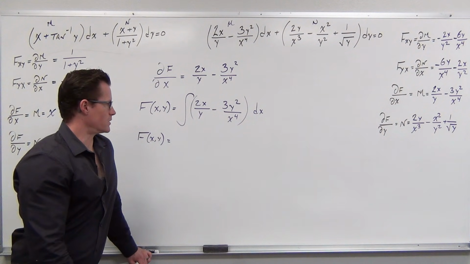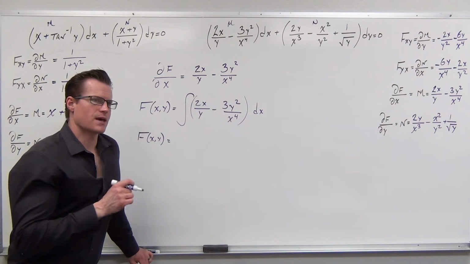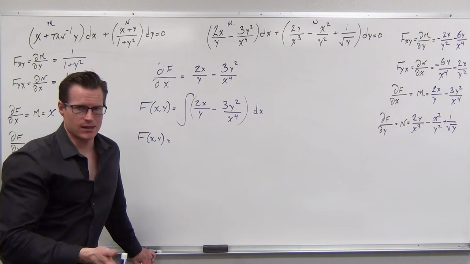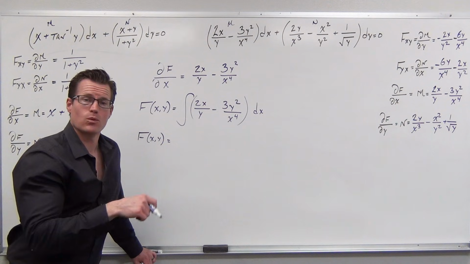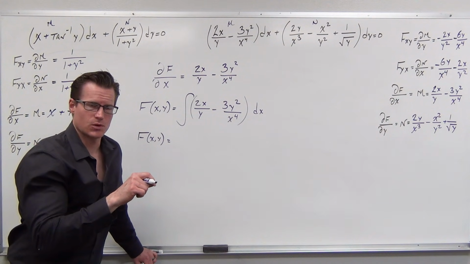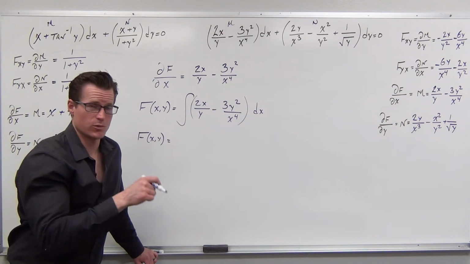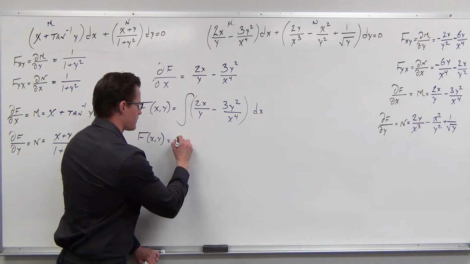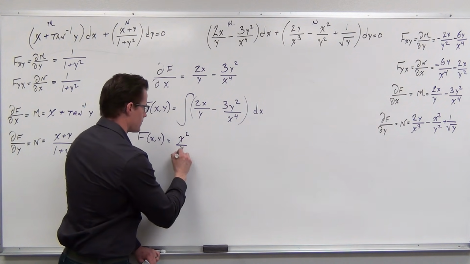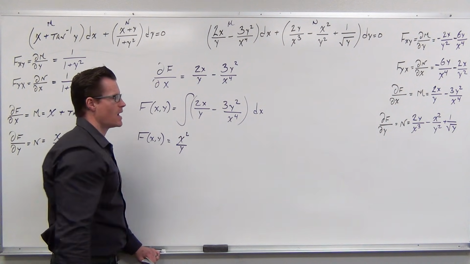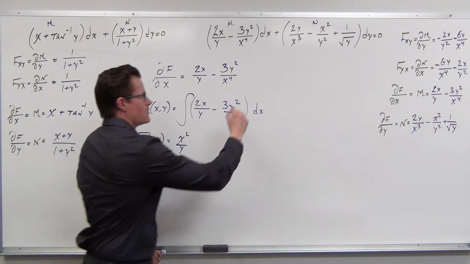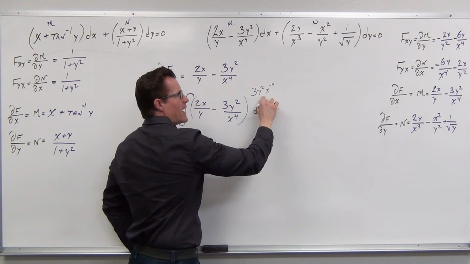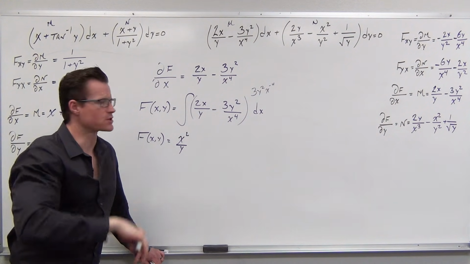So 2x over y. If we integrate that with respect to x, y is held like a constant. So you could think about this like 2/3 x or something. We add 1 to the x exponent, so that would be 2, divided by the new exponent, that would be divided by 2. We're going to get x squared over y. Remember, with respect to x, this is treated as 3y squared x to the -4, where that's just like a number, like 5 or something.